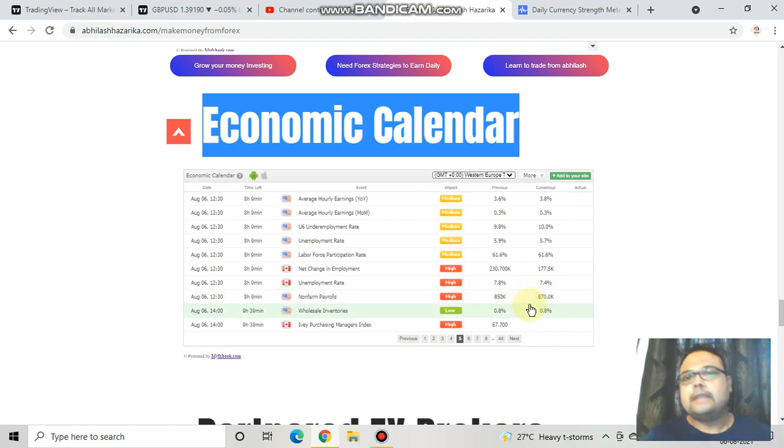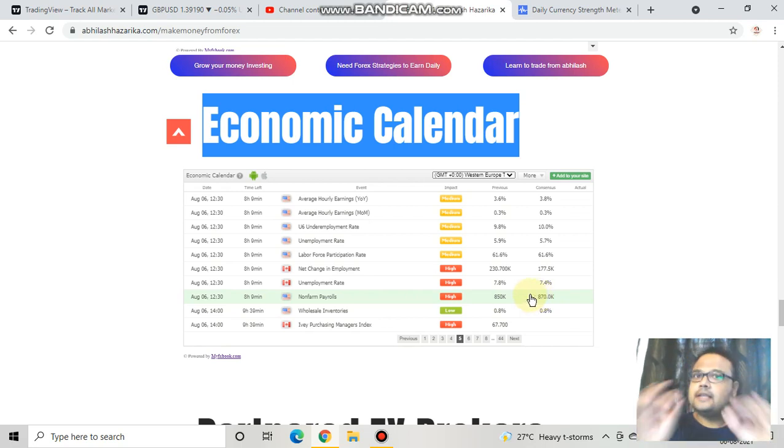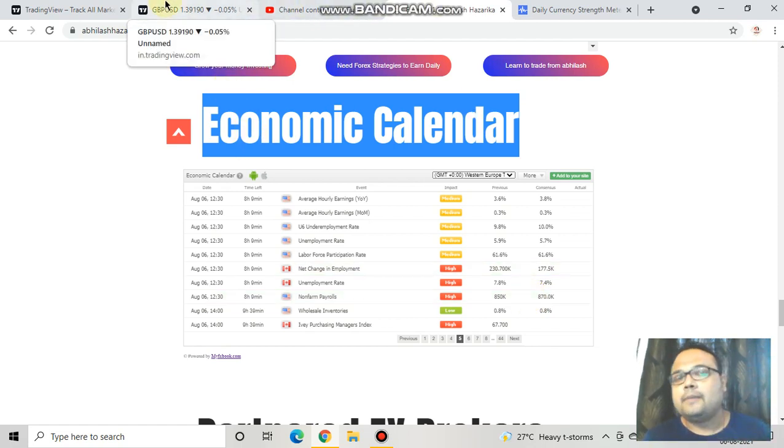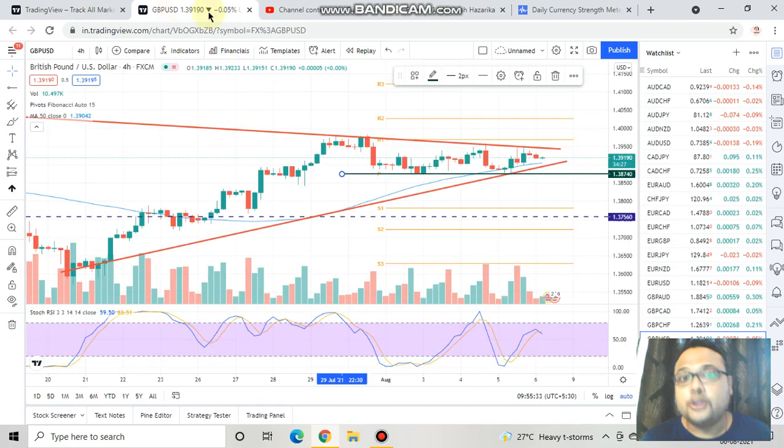So it totally depends. In case there is a bad result, or the report fails to meet this consensus, then the market will be going down, and in case there is a good report that meets the consensus, then the market will be going up. I mean, going up means the US dollar, and in case the US dollar goes up, then GBP USD will go down.